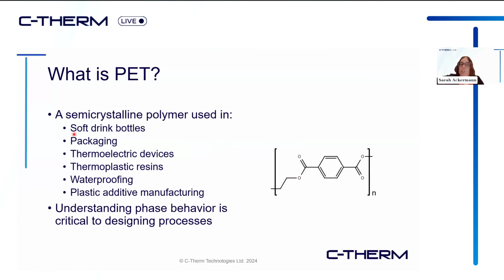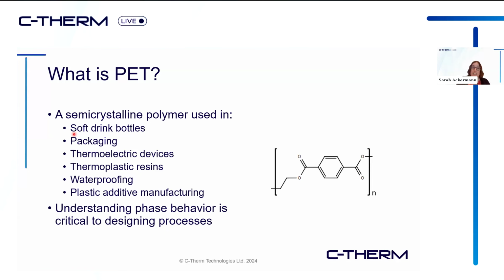The next application we'll take a look at is polyethylene terephthalate. Polyethylene terephthalate is a semi-crystalline polymer that's used in a variety of applications. Classically, it's used in soft drink bottles, but it's also used in packaging, thermal electrics.